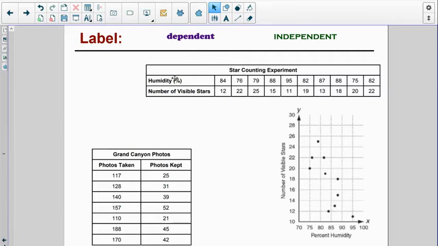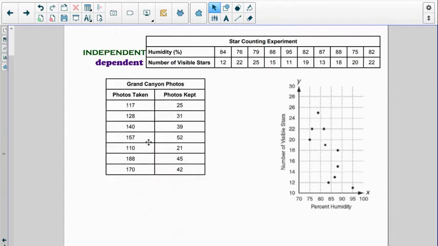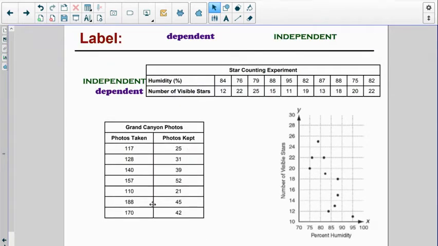So when we look at a table like this, where our table is horizontal, the top row typically represents the x variable, and the bottom row typically represents the y variable. So the dependent variable would be the number of visible stars, and the independent variable, or x, would be the humidity as a percent.